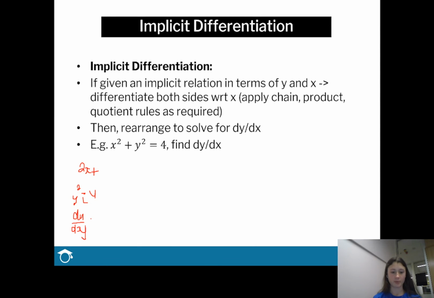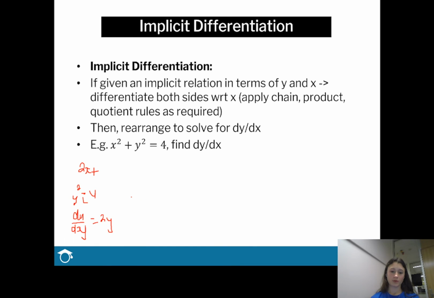We derive that with respect to y, then that is going to be 2y. And now, if anybody remembers implicit differentiation, maybe think about what we're going to do next. So we need to get something including dy dx.